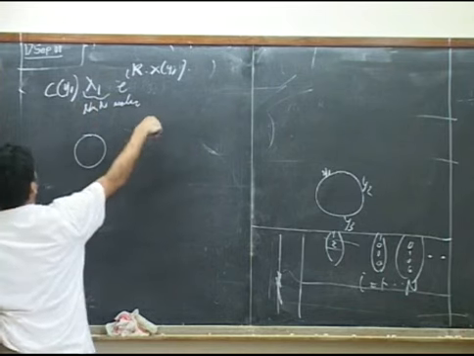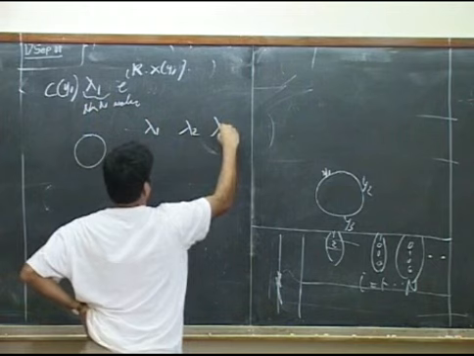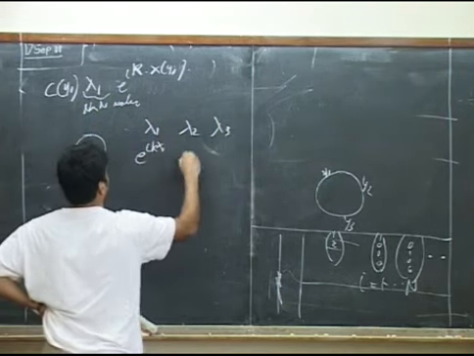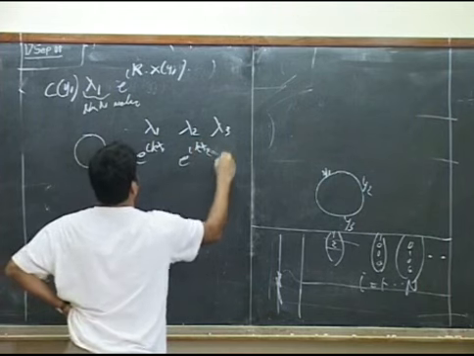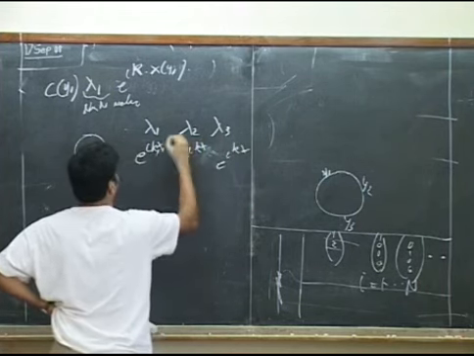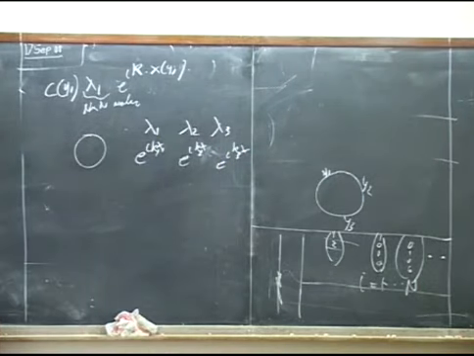So suppose we had lambda 1, lambda 2 and lambda 3 associated with e to the power i k1 x, e to the power i k2 x and e to the power i k3 x. These are our three vertex operators.